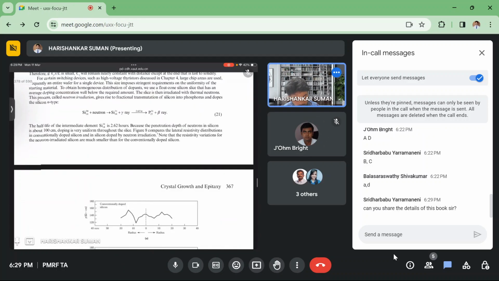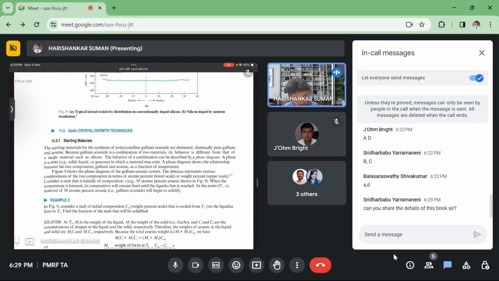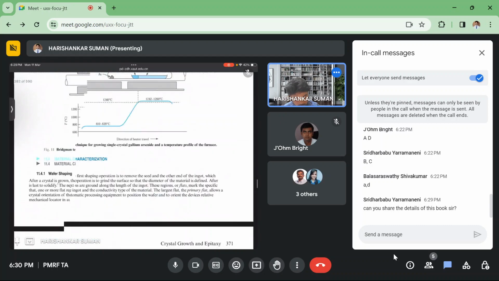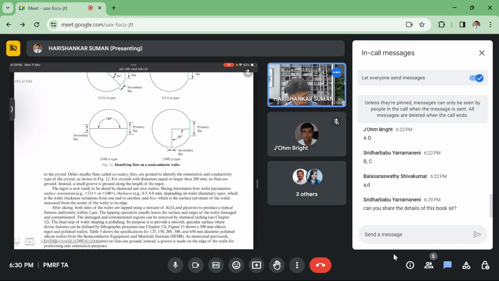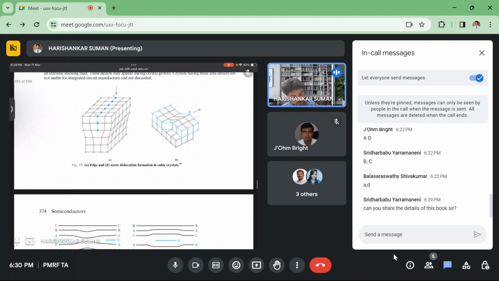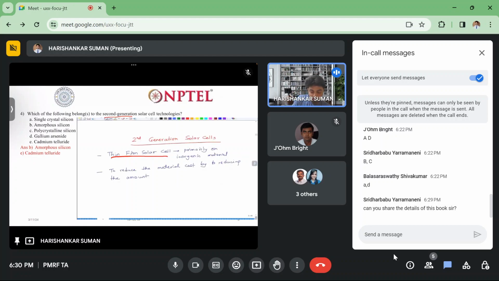Okay, and let me check gallium arsenide also, the crystal growth technique here. Okay, so please look at this book. So the answer to which of the following belong to the second generation we have already discussed.